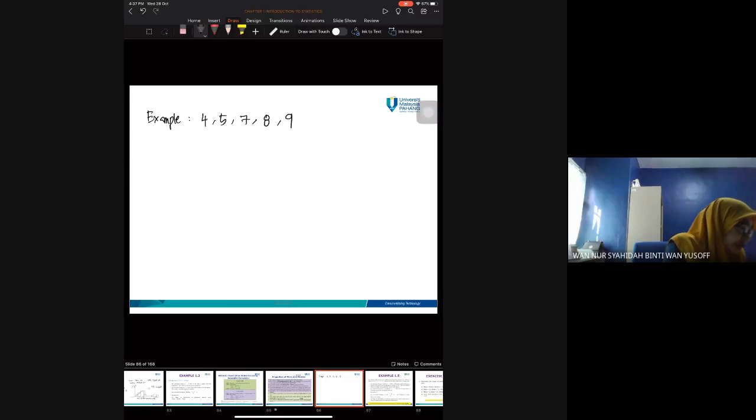I want you to calculate, let's say that we have a sample, S bar, the mean, and the median. So let's call it median 1. And then what happens if we add an extremely high number, say 100. So calculate the second mean based on when we add the 100, S bar 2, and then I need the median 2. Do it now. I give you 2 minutes. And then I need the answer.